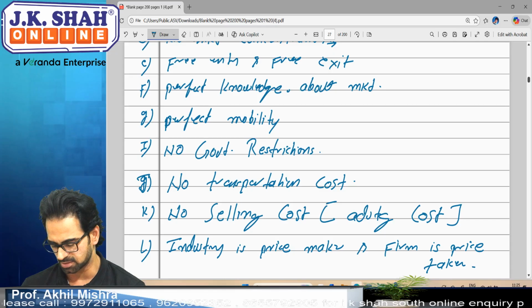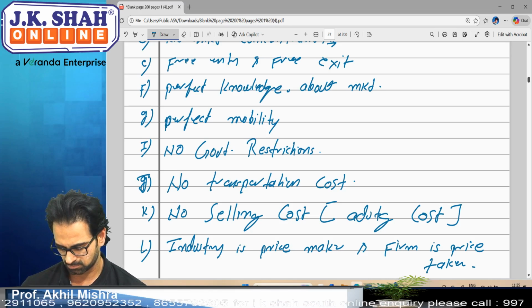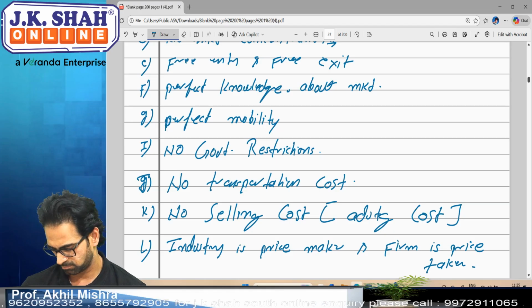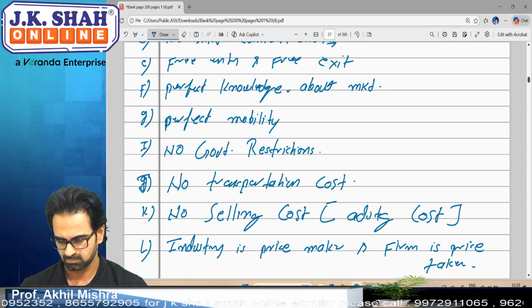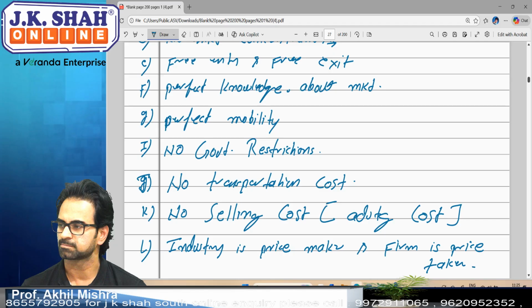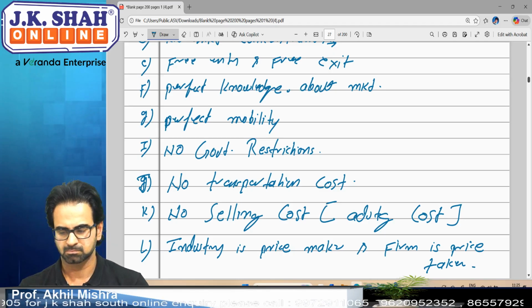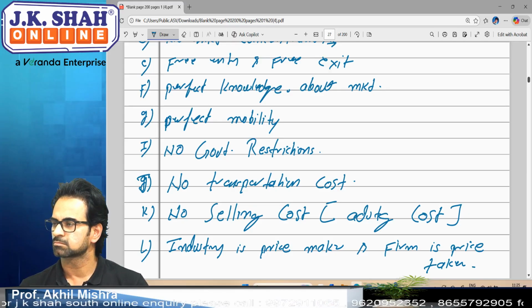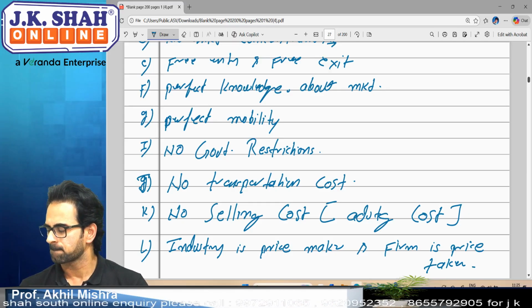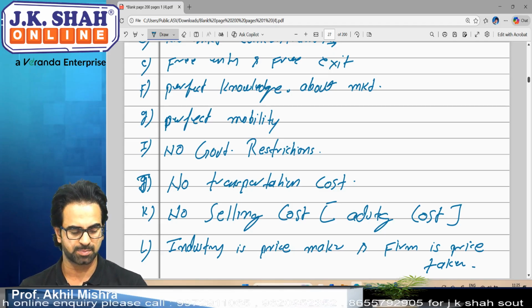All have the same capacity. And we call it industry is a price maker and firm is a price taker.